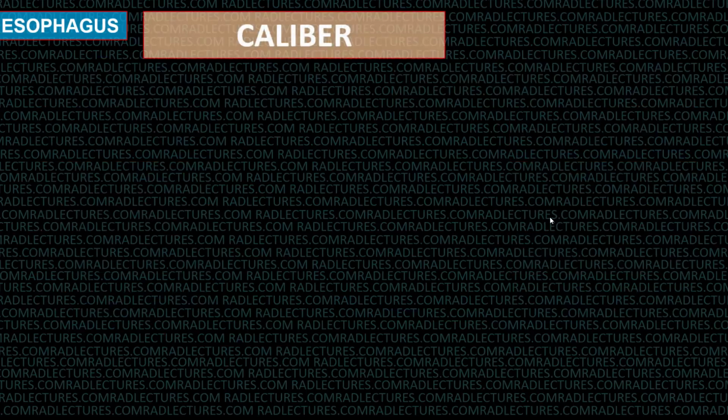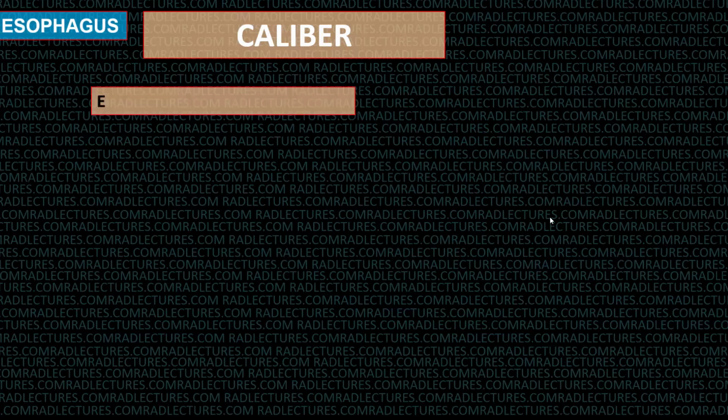So caliber, it can be dilated or it can be narrowed, right? We know that from our previous lecture. So esophageal dilatation is interesting because the esophagus is so muscular, it does not dilate easily. For the esophagus to dilate, there has to be either some abnormality of the wall or the esophagus has to be obstructed for a long time.